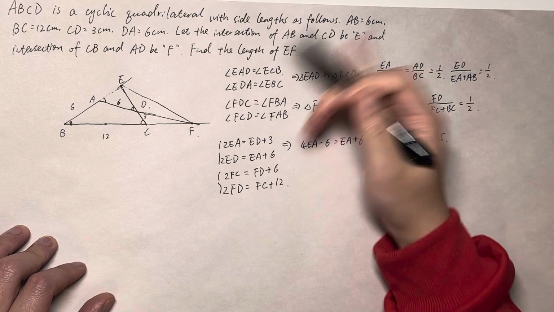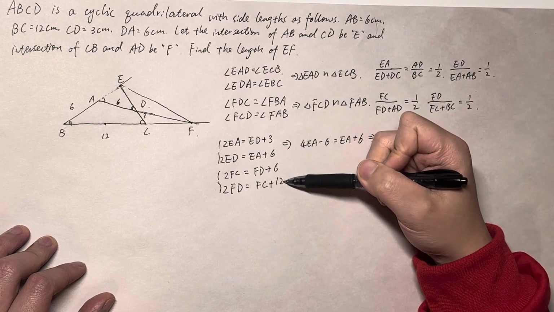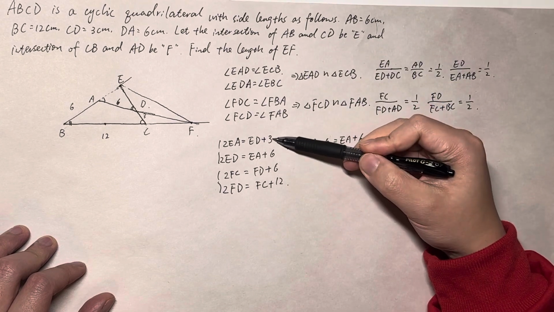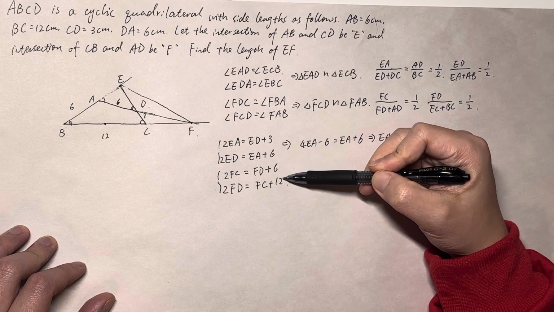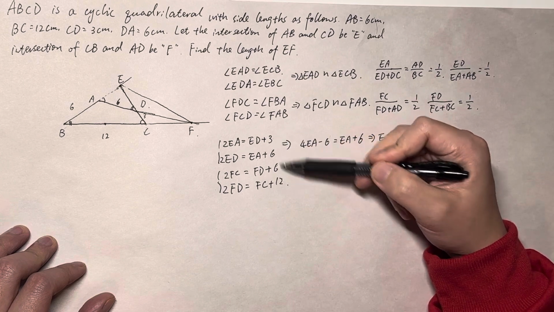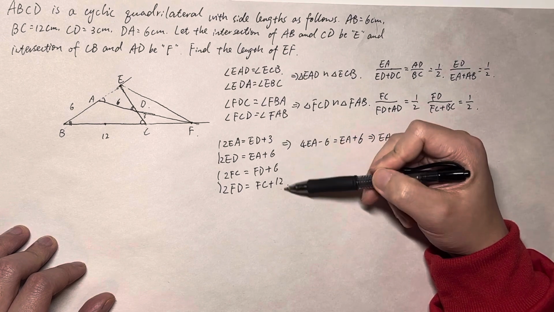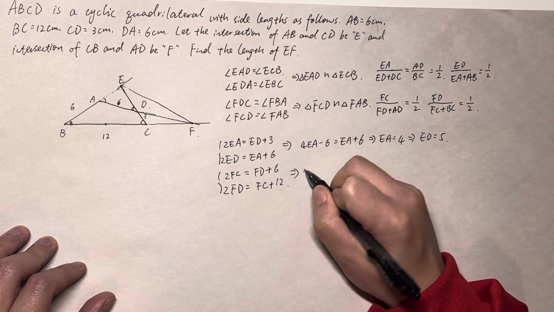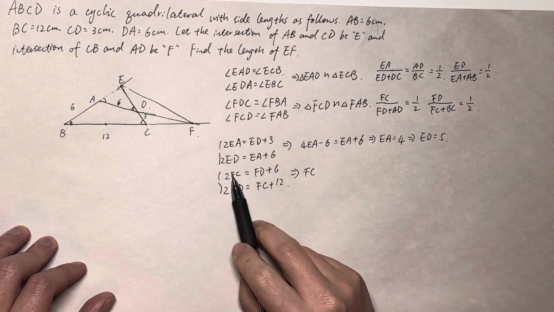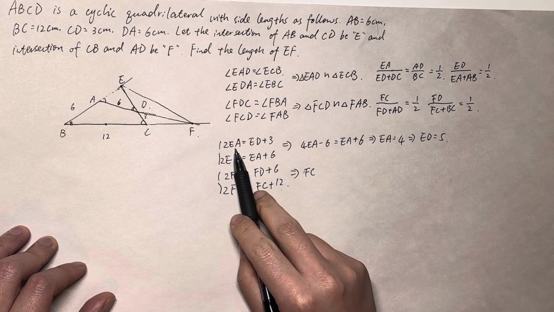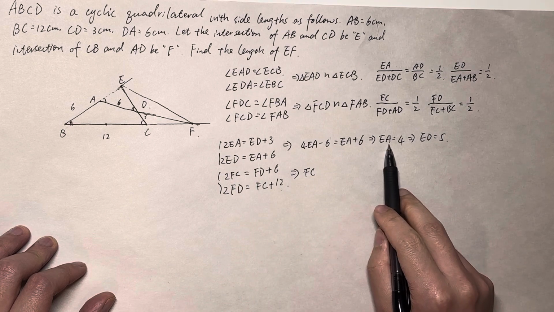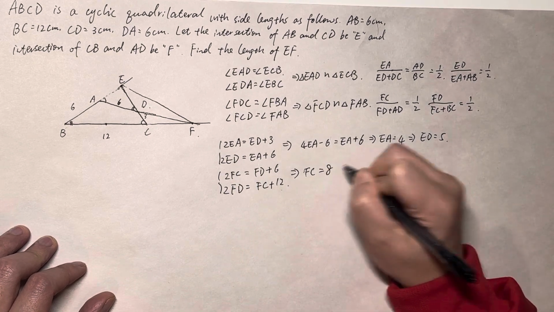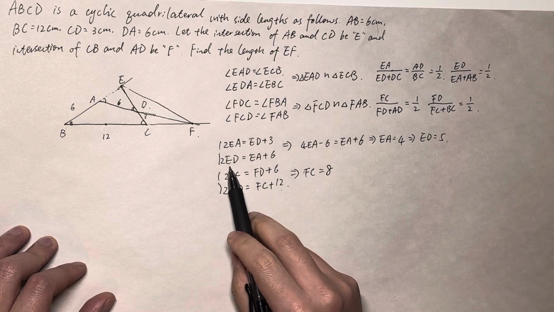Look at these two sides of the equations, right? This absolute number is just 2 times in the second side, so we can directly calculate FC. So FC would be twice of EA, right? EA is 4, so FC equals 8. FD would be twice of ED.